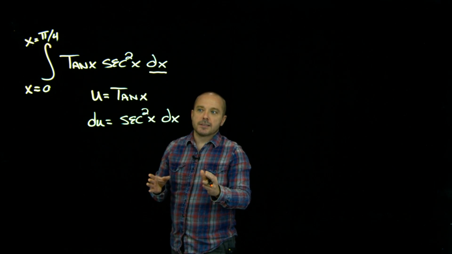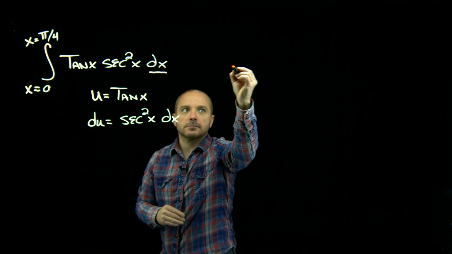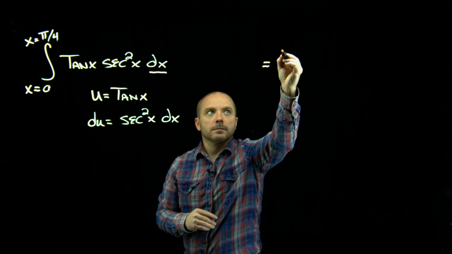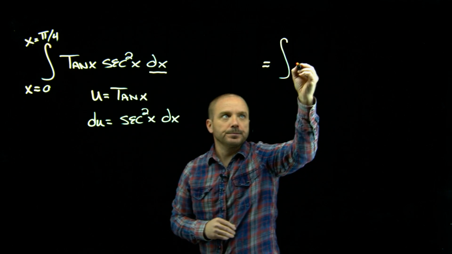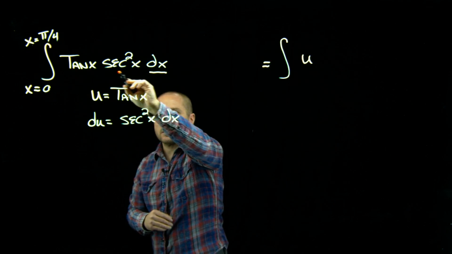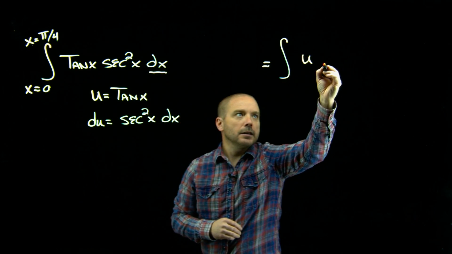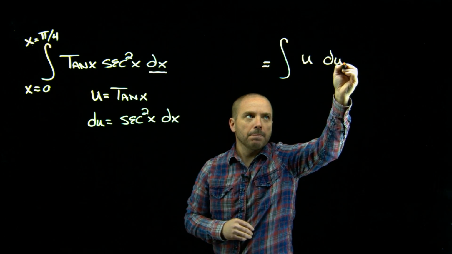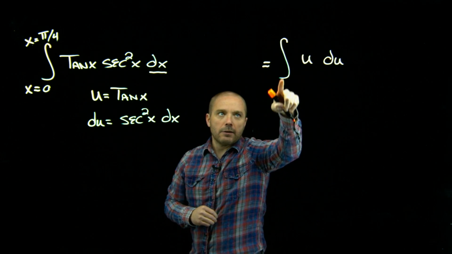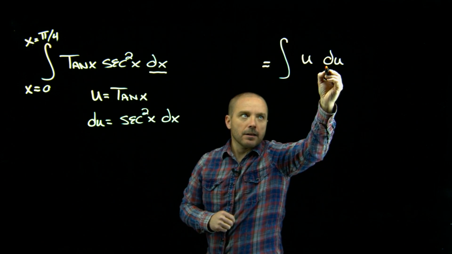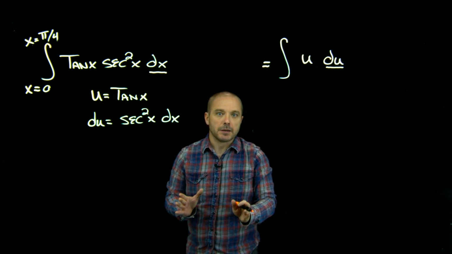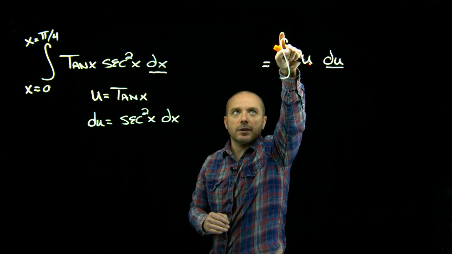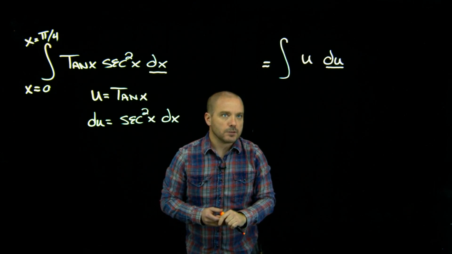So when I rewrite this integral, tangent x is u, secant squared x dx is du. When I write these limits, that symbol du is telling me that the numbers that are written here are values of u.